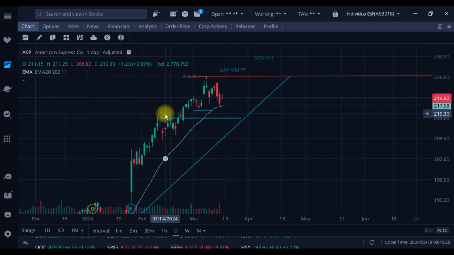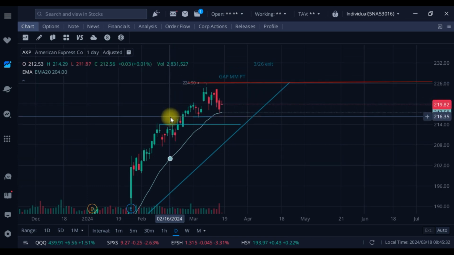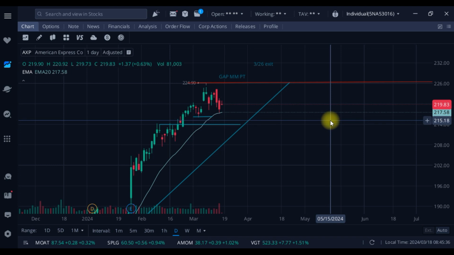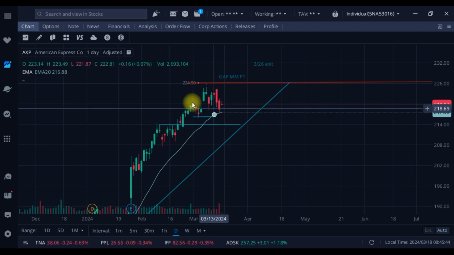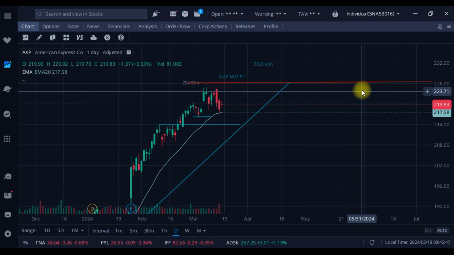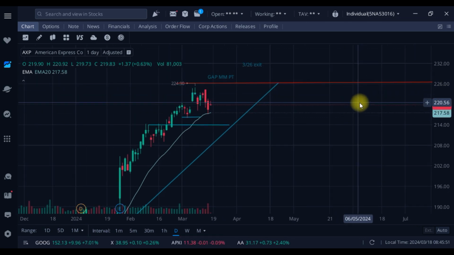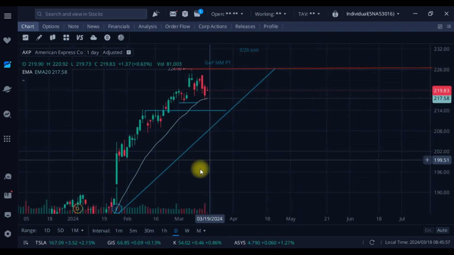Maybe it was between here and here. I'll bet that was the projection. It was the gap here. If you look at my horizontal line, it's the gap between this high and this low, and this high here, projected as a measured move. I think that is what that line is. So it may be off just a little bit. That's okay. We're waiting to see what will happen in American Express.